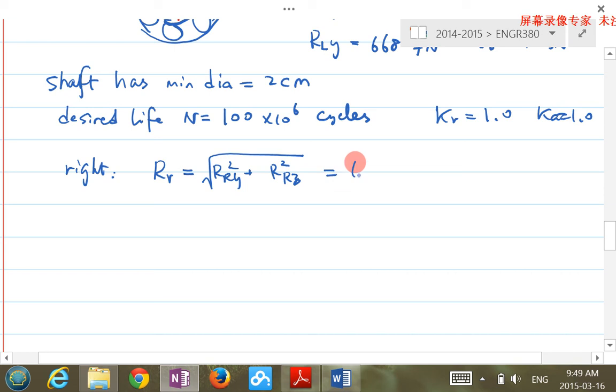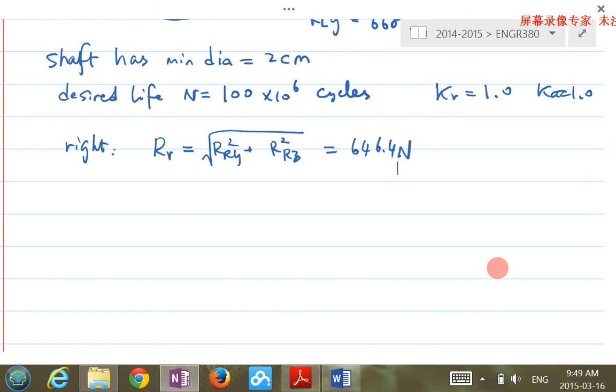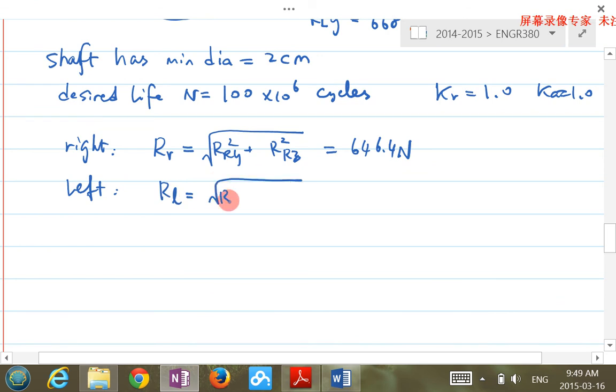You calculate this and you get 646.4. And then you calculate the left side, with Ly and Lz, and you get 669.9 Newton.